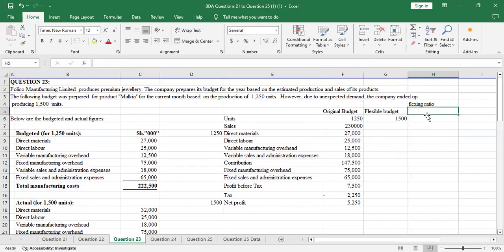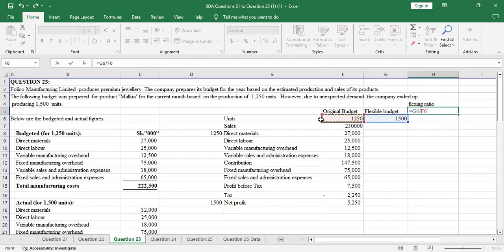And my flexing ratio will be equals to actual. The actual, which we are using the flexible budget, we are using the actual units produced, the 1,500, you divide by the original budgeted output.